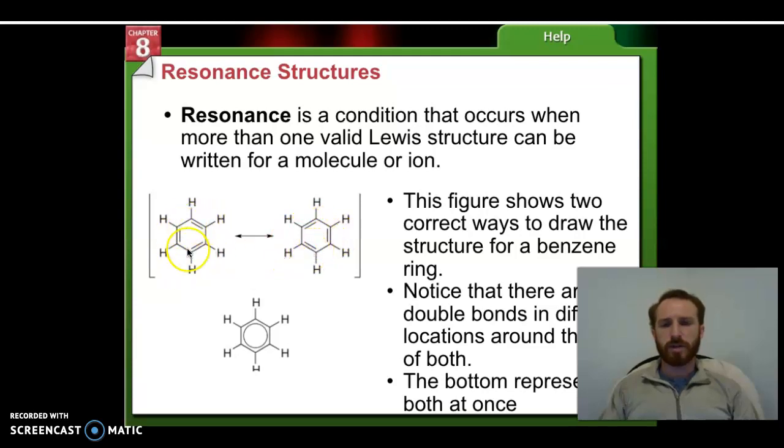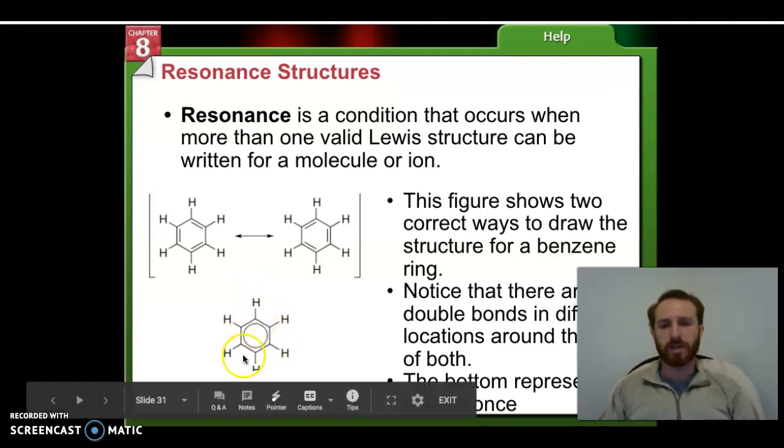Okay, so basically what that's saying is that with those double bonds, we can't really determine exactly which part of this ring, these are all carbons that are bonded together, has the double bond. In fact, in nature it's not something we can identify exactly, because the electrons are always moving and being shared.